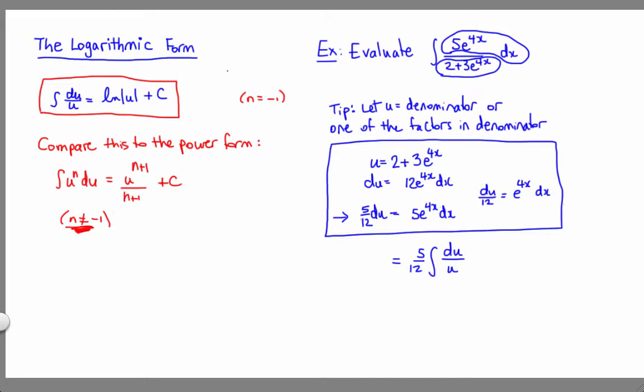So that looks exactly like our logarithmic form, and we're ready to apply our formula. We're getting 5/12 of ln absolute value of u plus a constant. And the final thing we could do is just put it back in terms of our original variable. So let's replace that u with 2 plus 3 e to the 4x. And there we have our final answer.